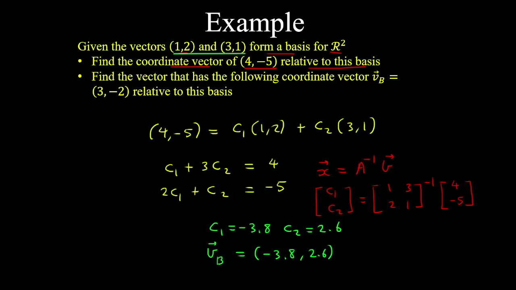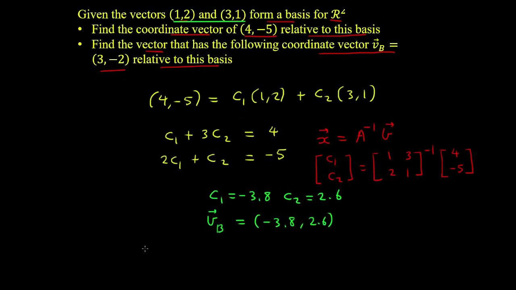And then we're asked to find the vector that has the following coordinate vector relative to this basis. Well, what we do is write the vector as a linear combination of the basis vectors using the components of the coordinate vector.